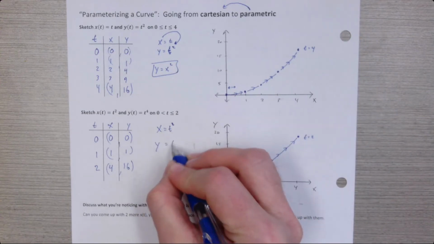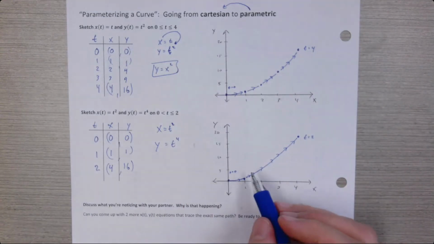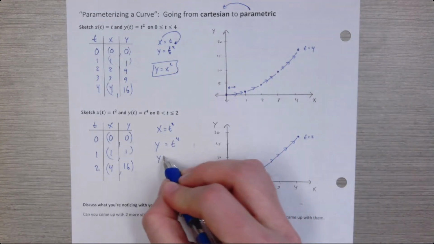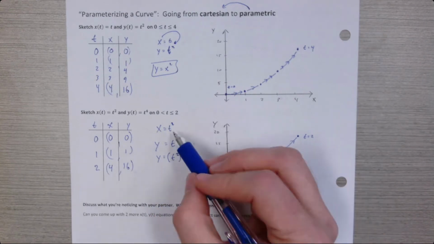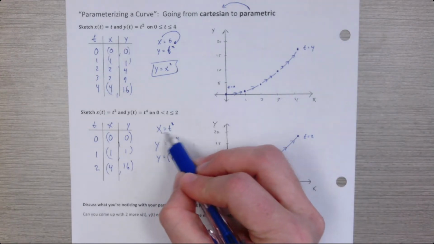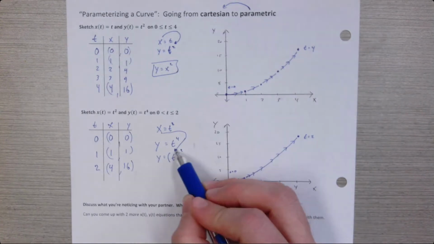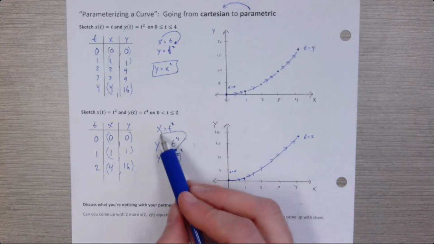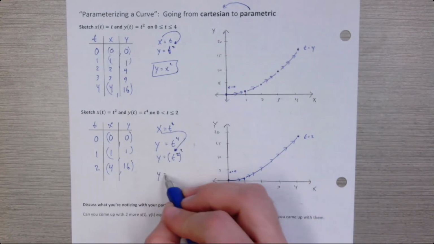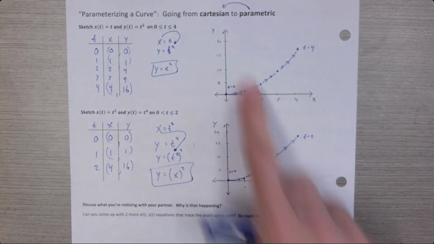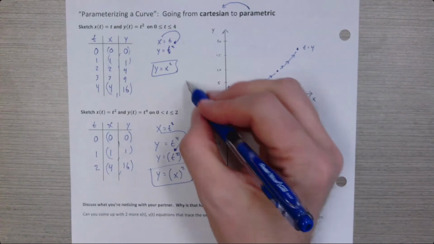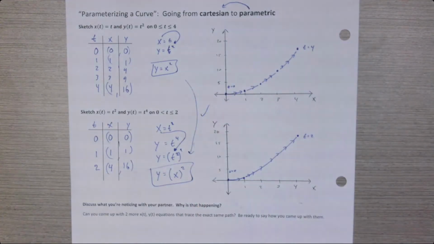Here I've got y equals t to the fourth. t to the fourth is just t squared squared. So it seems like I can substitute x directly in here for the t squared, because I know that x is the same as t squared. So that gives me y equals x squared again. So by converting from parametric to Cartesian, I've seen that these really are the same curve.